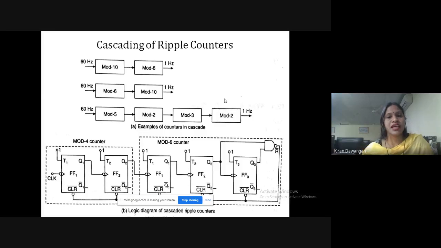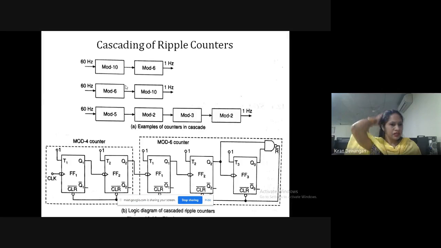So this was the example that we were discussing in the previous class, cascading of ripple counters. Now here we have seen that it works as a frequency divider also. That is, the counter works as a frequency divider also.